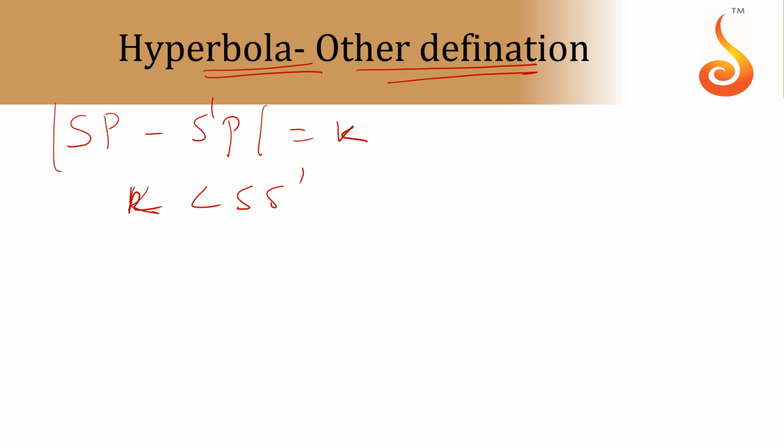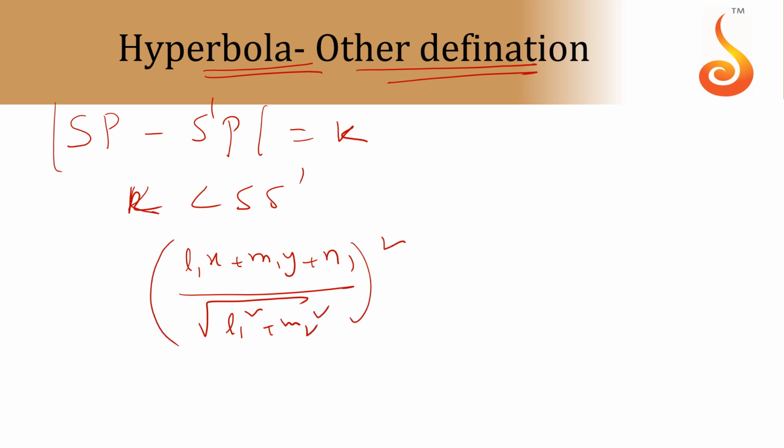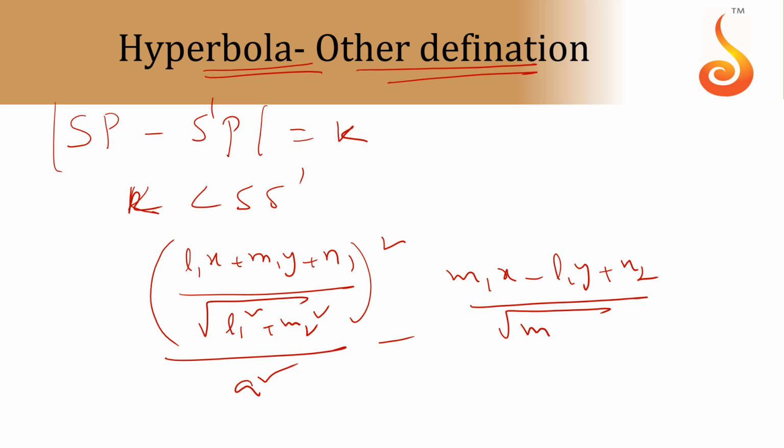Similarly, just like in ellipse, (L1x plus M1y plus N1 by under root of L1 square plus M1 square) whole square by A square minus (M1x minus L1y plus N2 by under root of M1 square plus L1 square) whole square by B square equal to 1 is also a hyperbola.